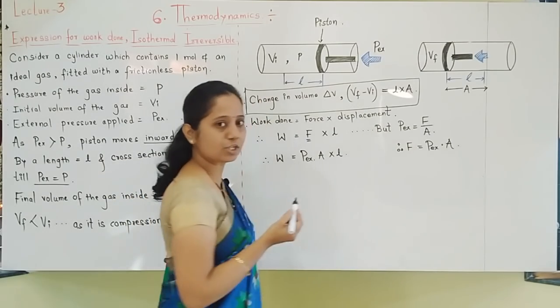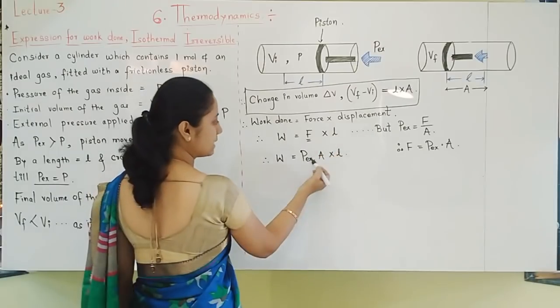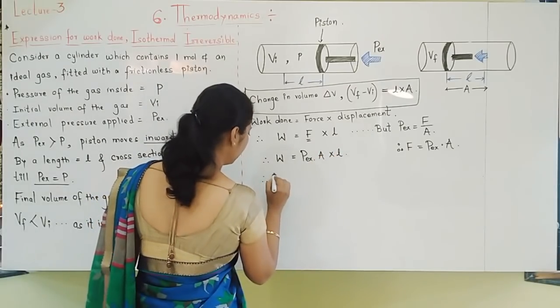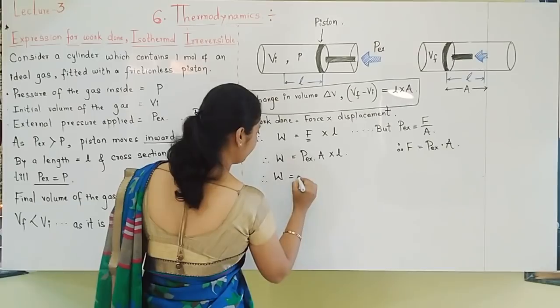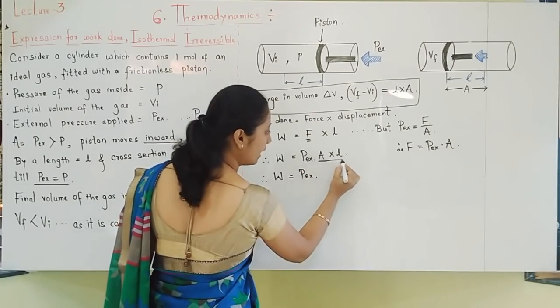Everybody knows the formula, pressure is equal to force divided by area. So for force I can write P external into area. Therefore W is equal to P external into A into L. Now what is A into L?